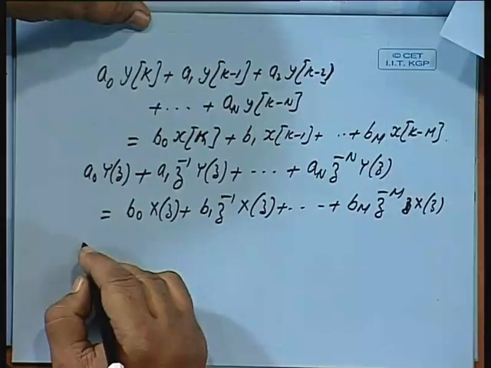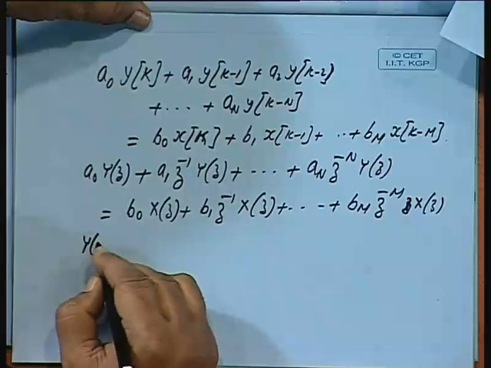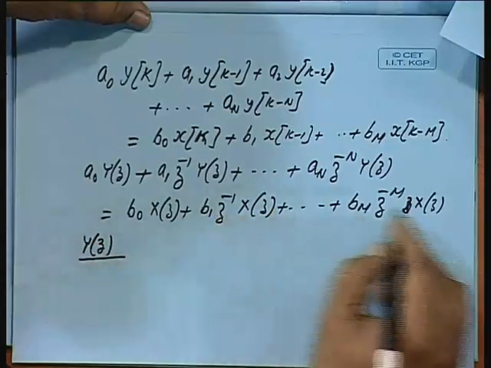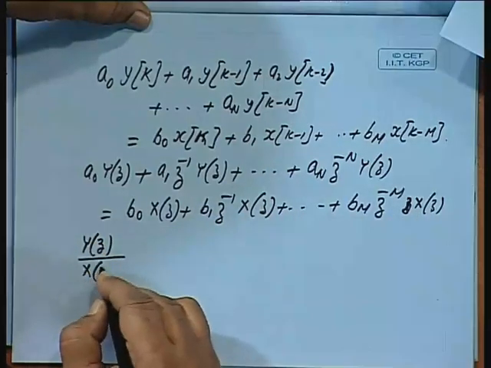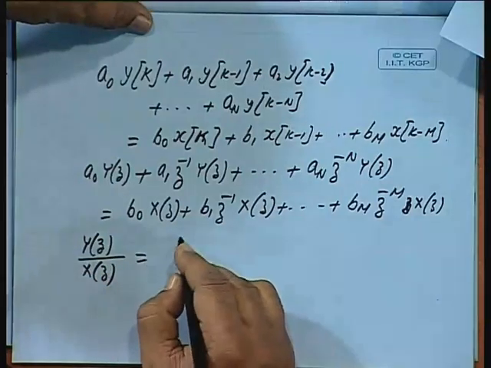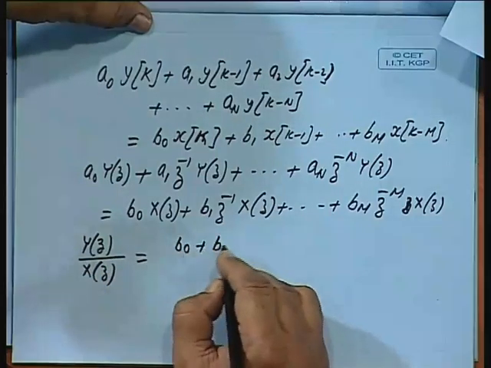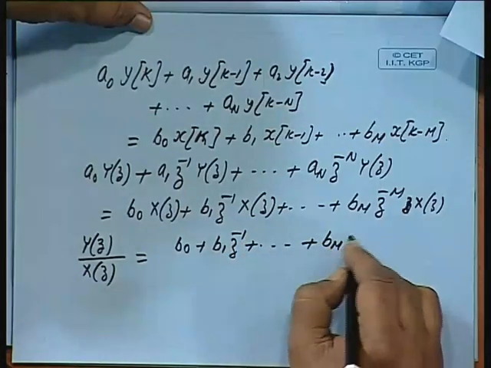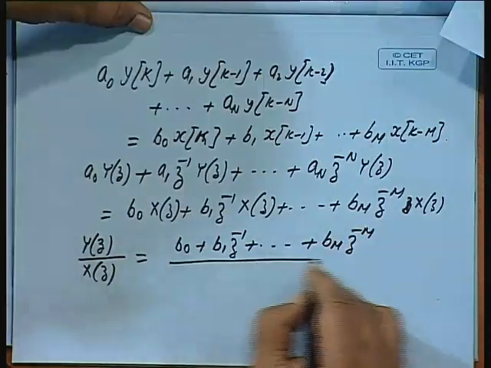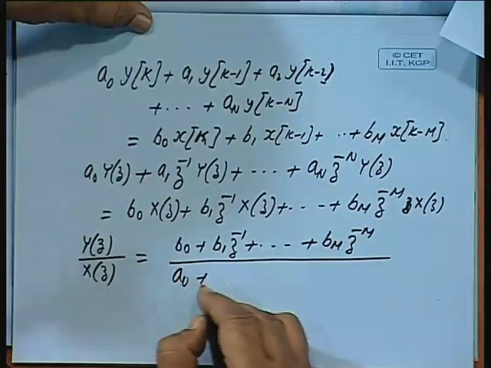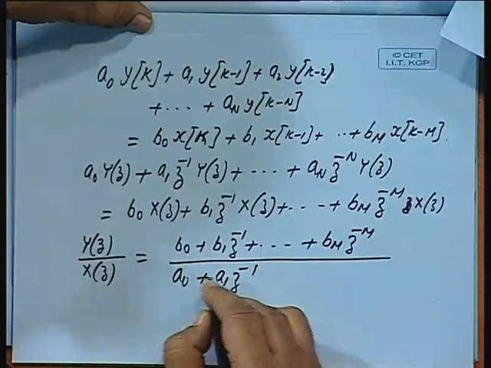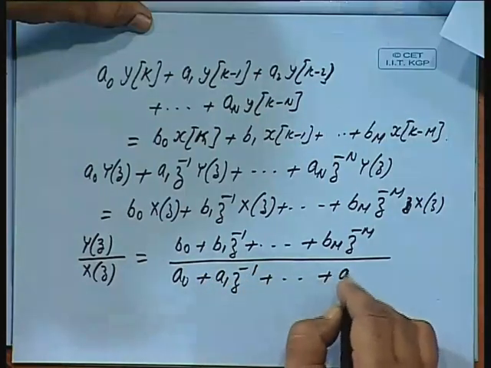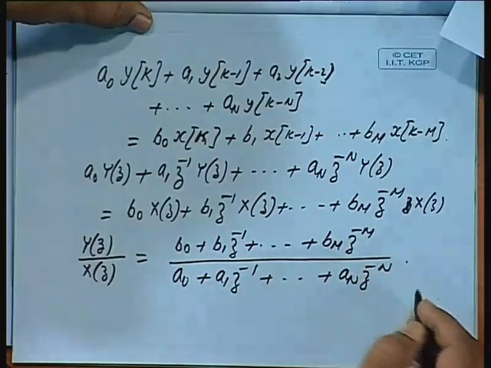I can take yz common, similarly on this side I can take xz common, and y by x will be B0 plus B1 z inverse and so on up to Bm z to the power minus m divided by A0 plus A1 z inverse and so on up to An z to the power minus n. We call this the transfer function in the discrete domain.